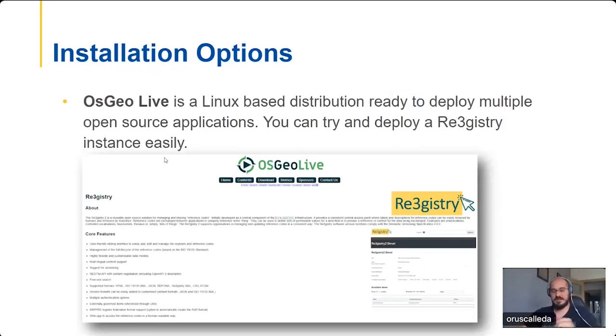And we have also the option to go with OSGeo Live. It's basically a Tomcat deployment, but it's an Ubuntu-based distribution that allows you to try a wide variety of open source geospatial software without having to install any of them.